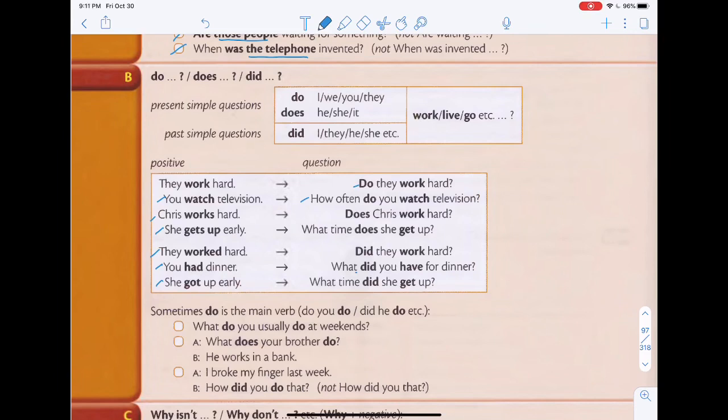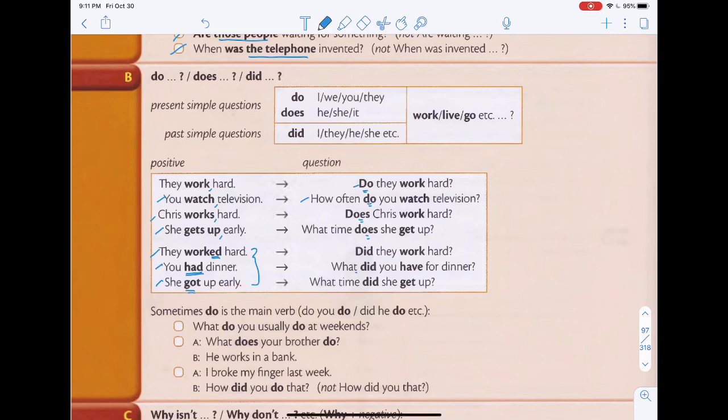Now, do you see a difference? For all these, we have work, watch, works, get up, gets up, all in present tense. So when you make it into a question, you will use do or does, because the question is also going to be in the present tense. But for all these three examples over here, you can see worked with an ed, had, which is the past tense of has or have, and we have got.